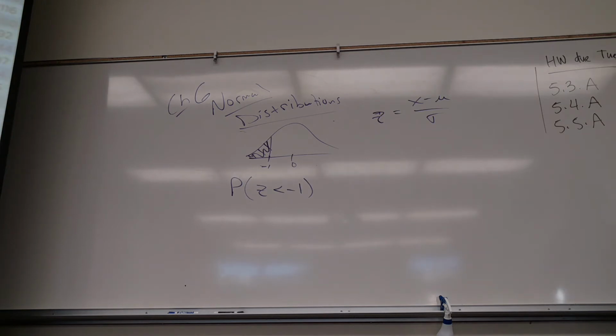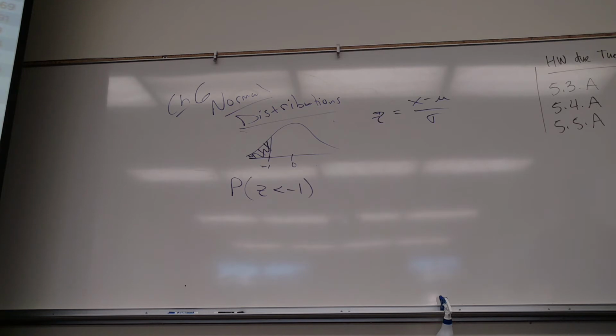If I wanted -1.07, I would go there. But I want -1 exactly, so -1 exactly is -1.00. This top row is the second decimal place, and this goes out to the first decimal place. That's how you read this.